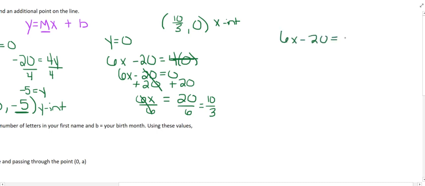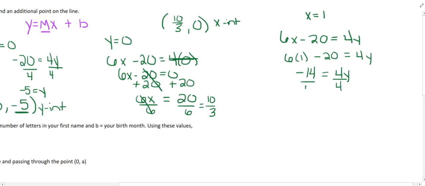If you want to find another point on the line, you can just pick a number to plug in for an x value and then find what the y value is. So let's just say we pick the x value 1. Plug that in. So 6 times 1 minus 20 equals 4y. That gives you 6 minus 20, which is negative 14, equals 4y, and then solve for y.